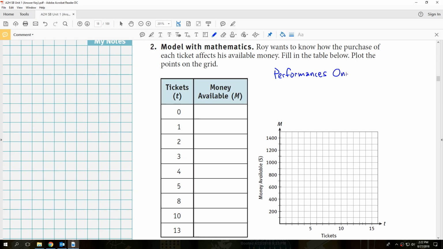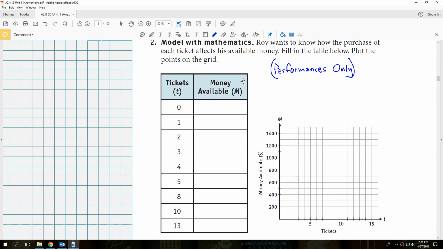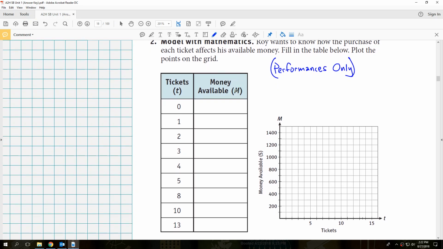Performances only. We do not care about meals at this point in time. M stands for money, not meals. T stands for tickets. And one performance, one ticket, is going to be about, on average, $100.